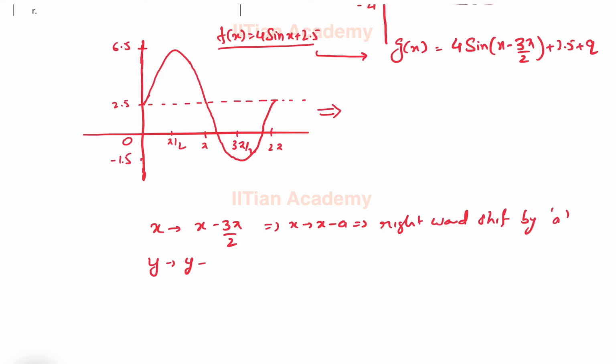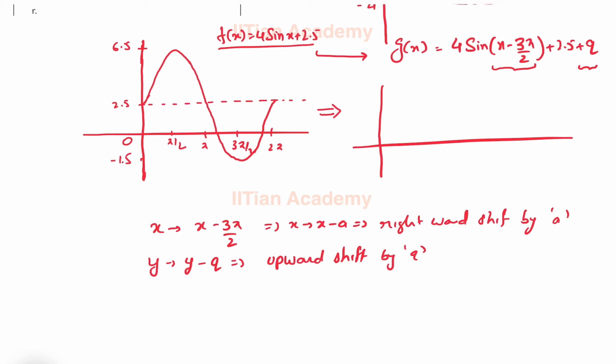Or we can say when y is replaced by y minus something, say here q, there is an upward shift by a, or in this case q. So the ultimate impact would be that x is replaced by x - 3 pi by 2, so the graph would shift 3 pi by 2 to the right, and then q has been added on the right side, so the graph will move up by q.